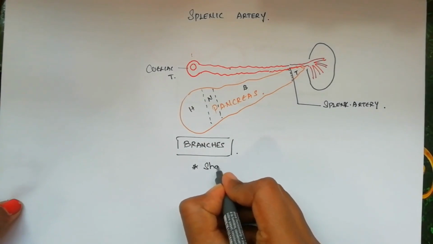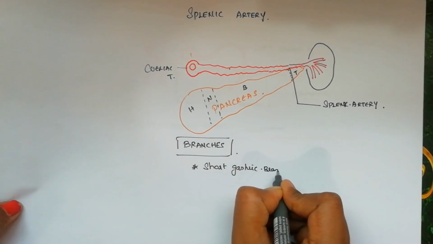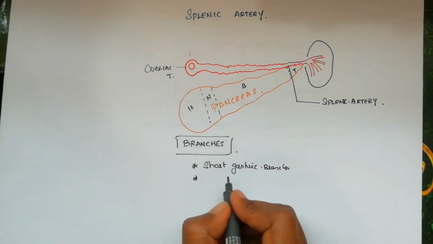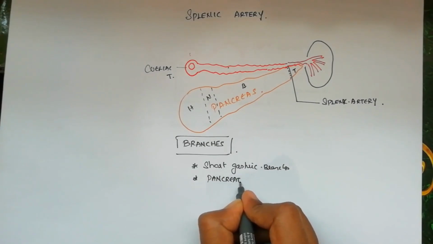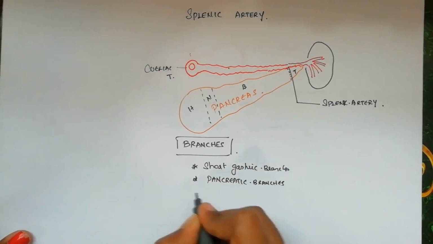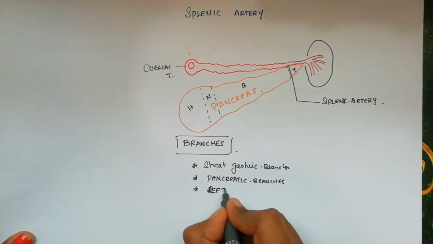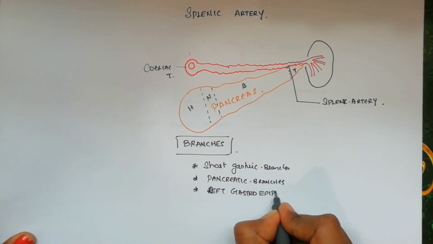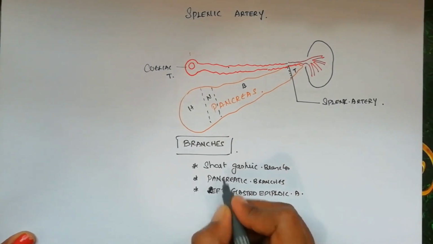One is the short gastric branches, then we have some branches for the pancreas, which we will call pancreatic branches, and then we have another branch called the left gastroepiploic artery.